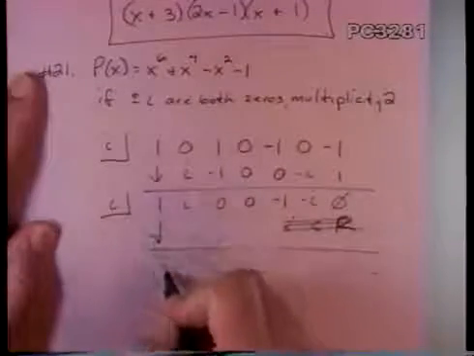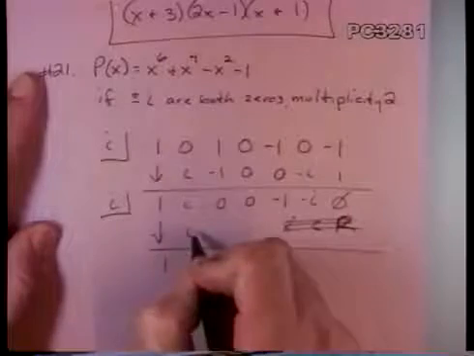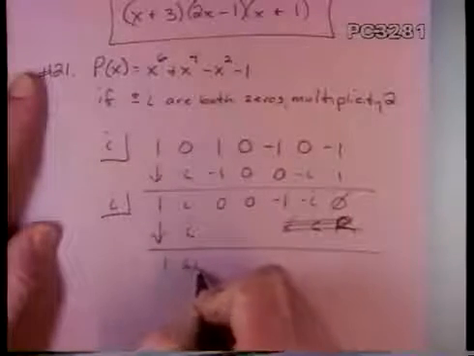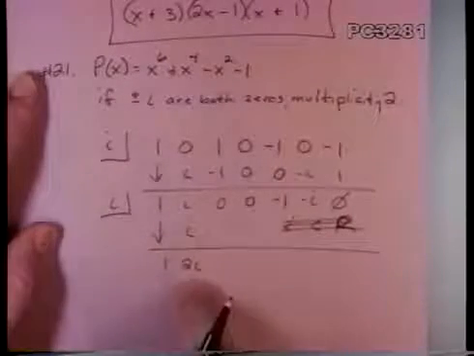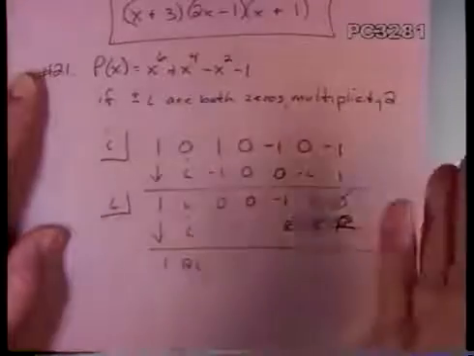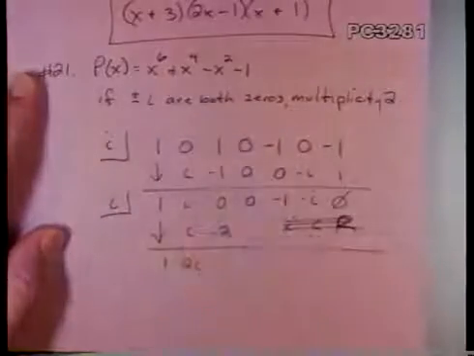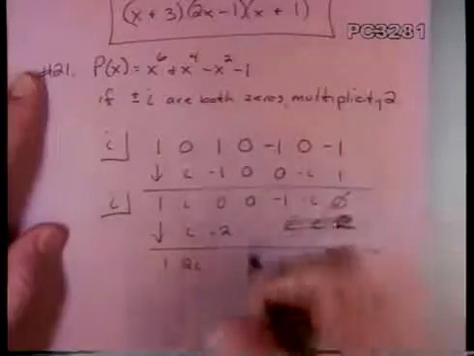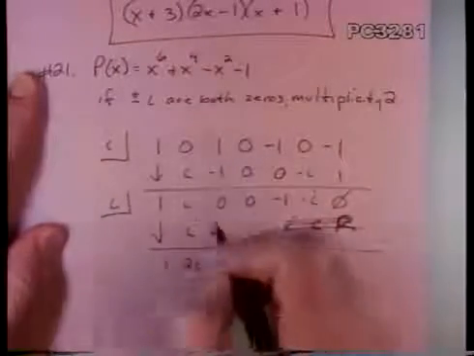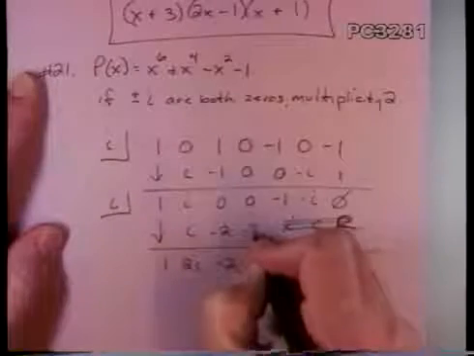Bring down your 1. i times 1 is i, plus i is 2i. i times 2i is, i times i is i squared, is negative 1, times 2 gives you negative 2. Plus 0 gives you negative 2. i times negative 2 gives you negative 2i.